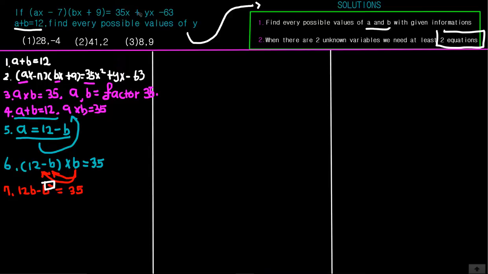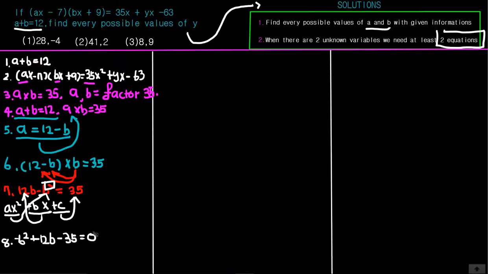We need to convert that into a quadratic, but the basic quadratic form is ax squared plus bx plus c, where c is just a constant, in this case 35. b is the coefficient of the x term, which in this case is 12b. a is the coefficient of the highest degree term, which is b squared. So we can write it down again.